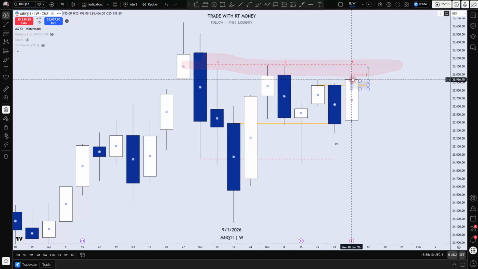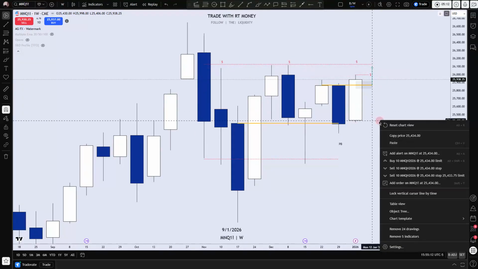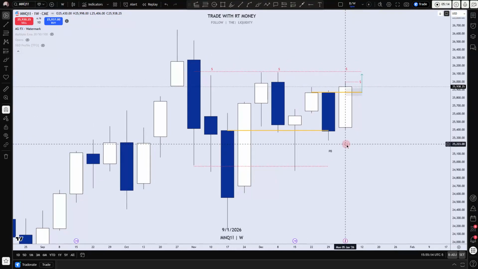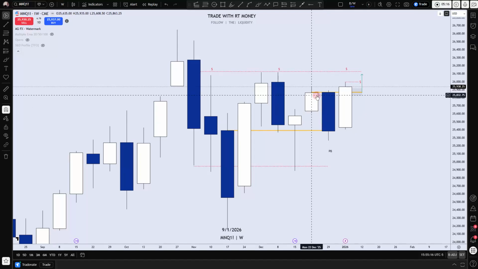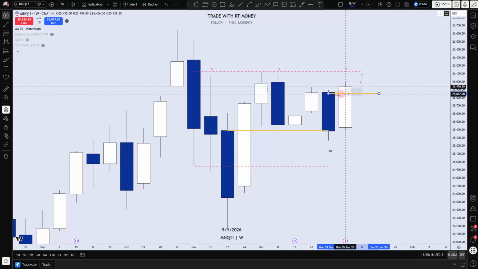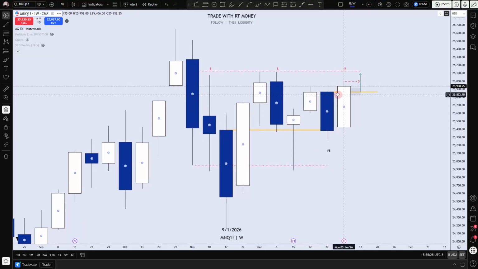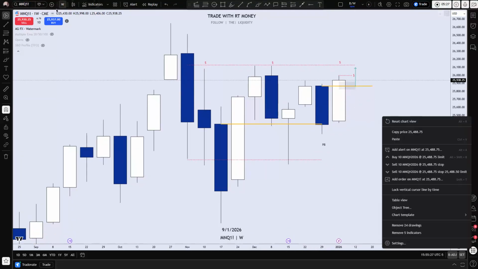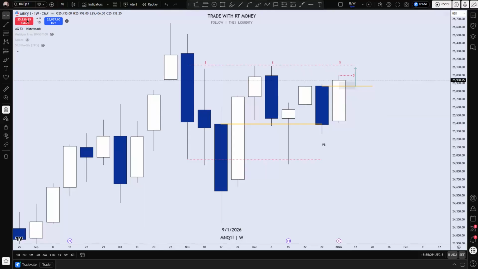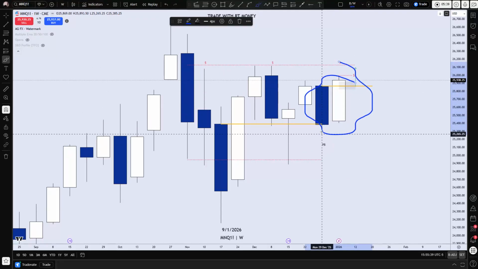That close was very, very important, folks. So this creates another order block. Now, what do we call an order block that is created off of another? This is a propulsion block.